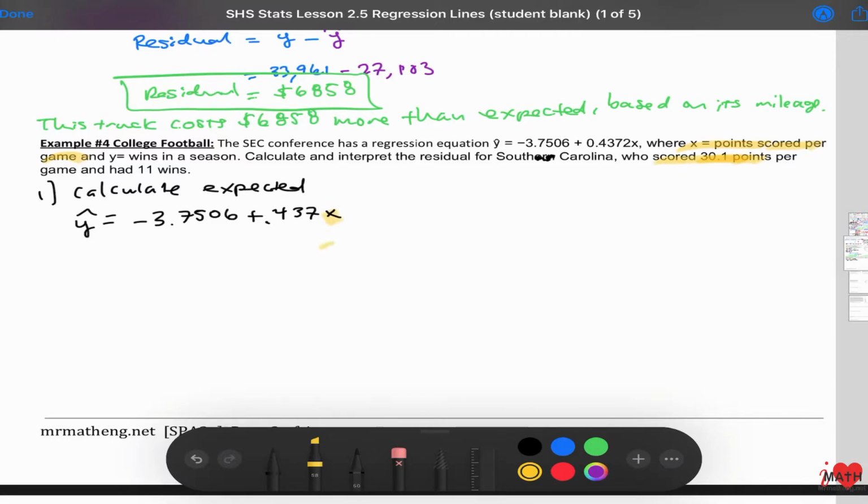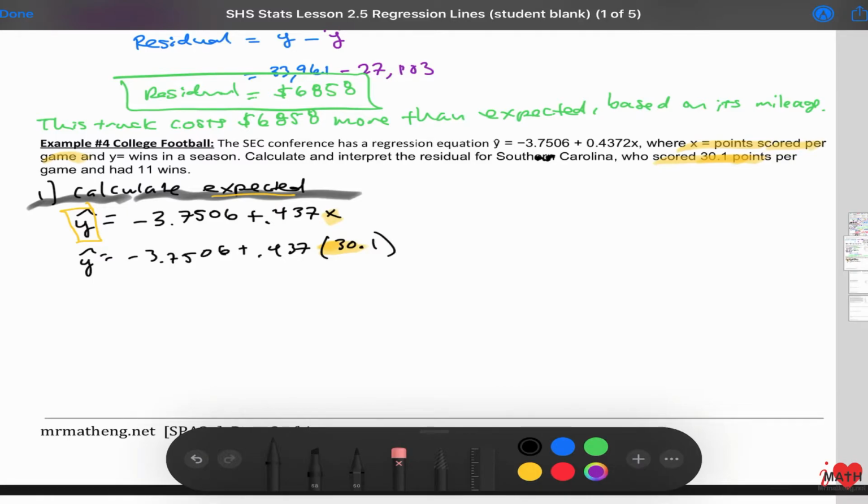They scored 30.1. And again, we're trying to find the expected, so we're solving for this. Let's plug it in. Y hat equals negative 3.7506 plus 0.437 times 30.1 points per game.